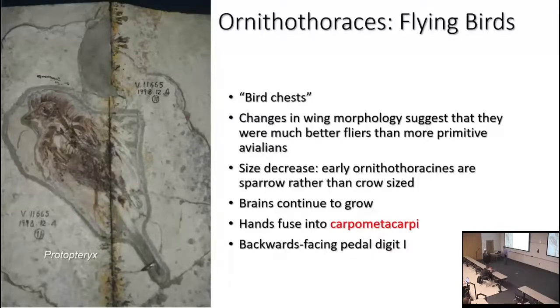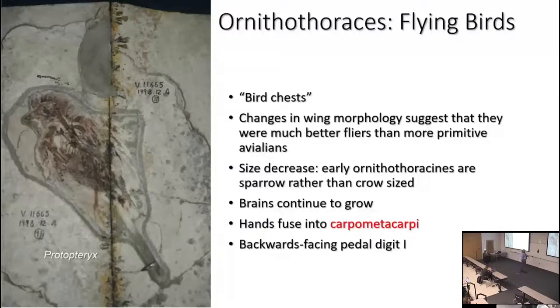So, Ornithothoraces, as the name implies, have changes of the wing morphology, as suggests they are better flyers. It has to do mostly with the chest, as we'll see. They're also smaller. The bases of the two different branches of Ornithothoraces are tiny animals, sparrow-sized, not crow-sized like most of the other earlier avialans were, or basal deinonychosaurs.